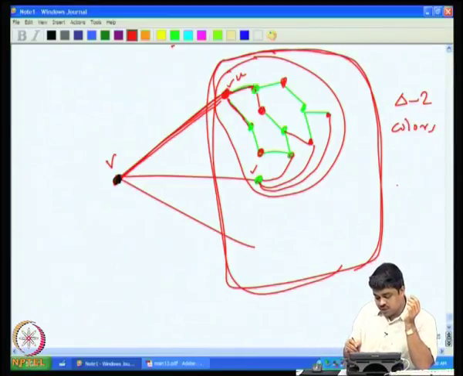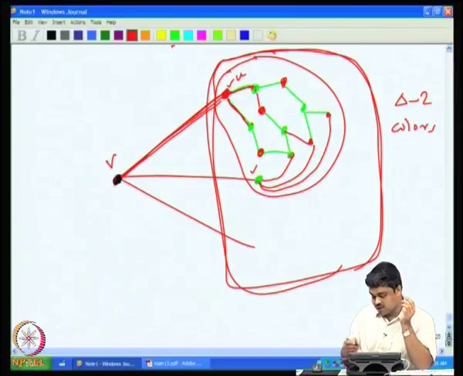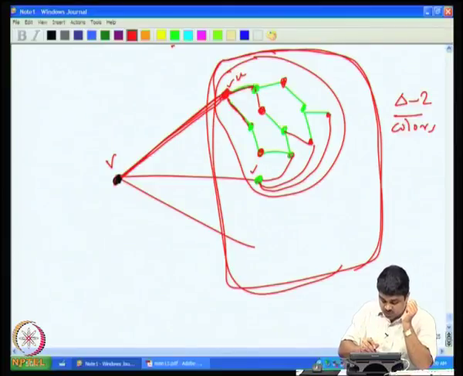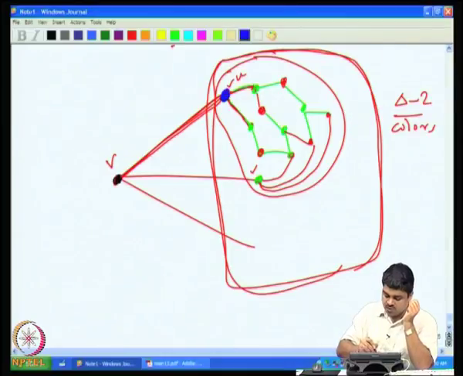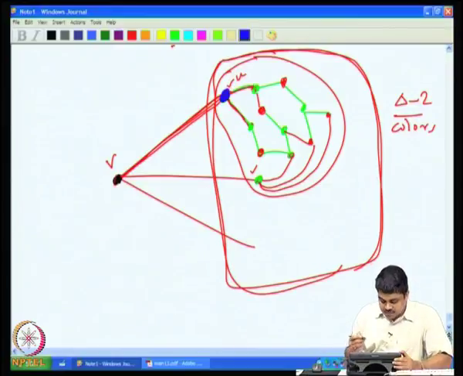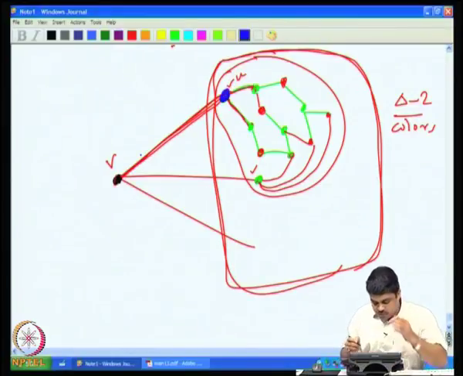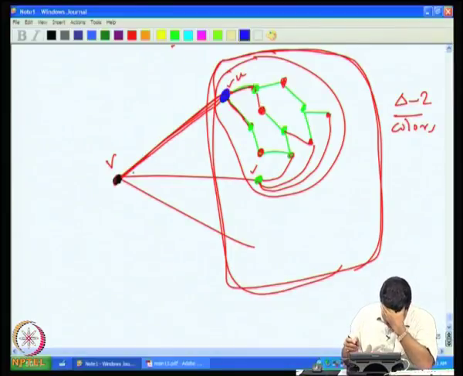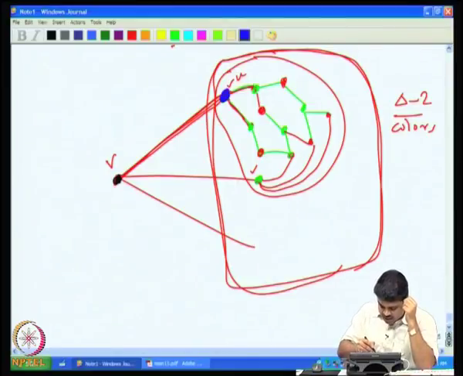Now out of that, two of them are using the same color, that means only delta minus 2 colors are used. We have two extra colors, one of which is already there, the red color on this. So we have one more, maybe some blue color. I could have reused that blue color for this vertex, and then the red color will be released, because the red color will not be there in any of the other vertices, right?